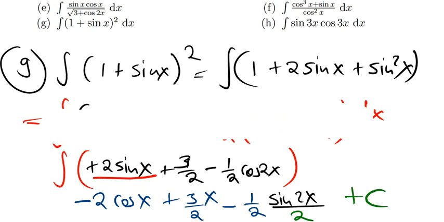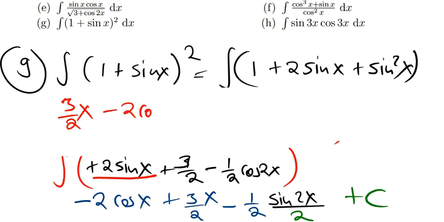So therefore our final answer is what? So I can decide to start with the 3 over 2. 3 over 2x minus 2 cosine of x. 2 times 2 is 4, so minus 1 over 4 sine of 2x plus constant c. That's how you handle your g right there.